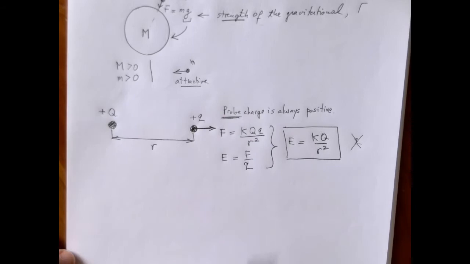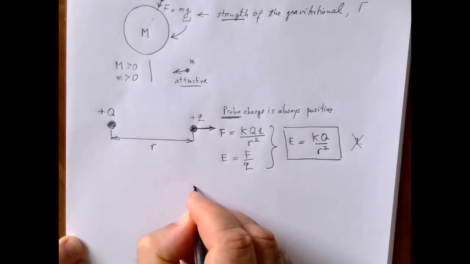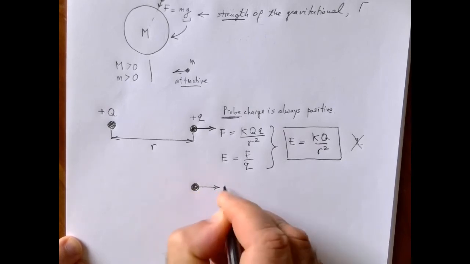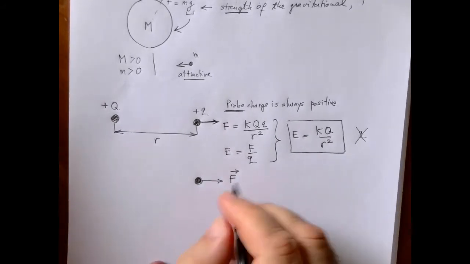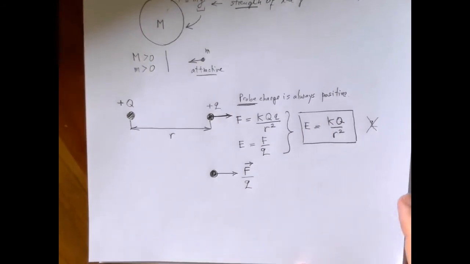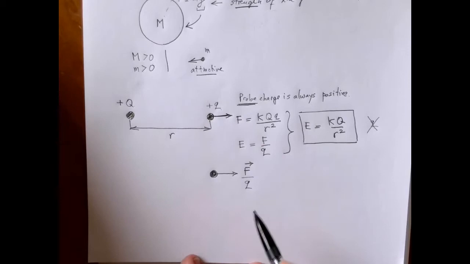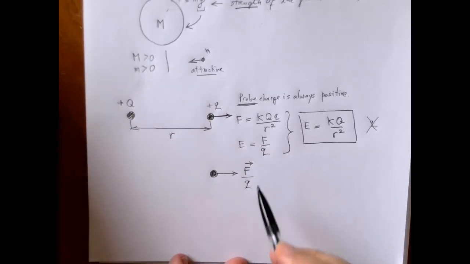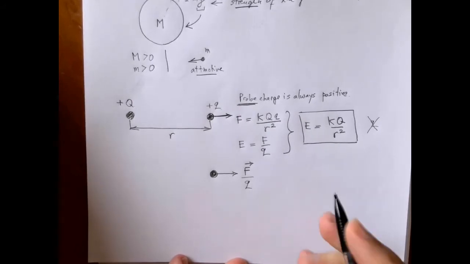When it comes to the direction, if we are looking at this picture again, the force F is in this direction, and I am dividing it by a positive charge. I know operations with vectors, and I know that if I'm multiplying a vector by a positive number, what I get is a vector in the same direction.